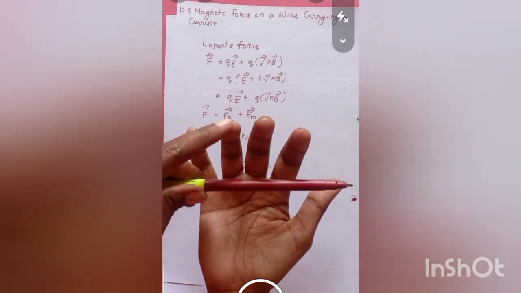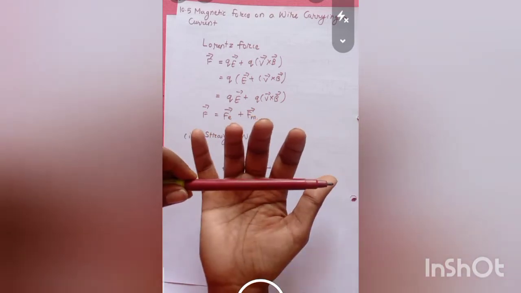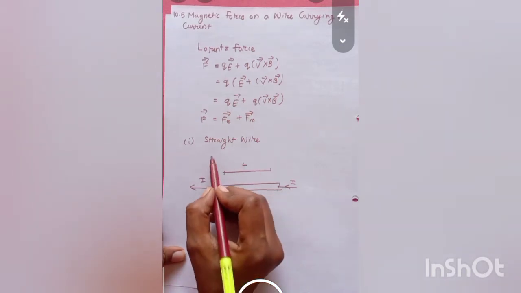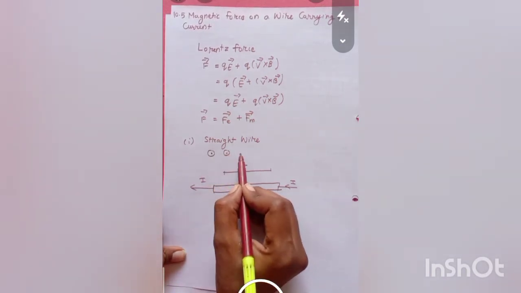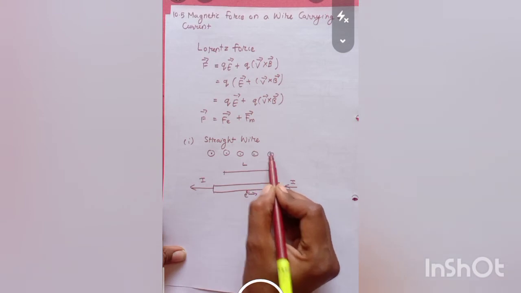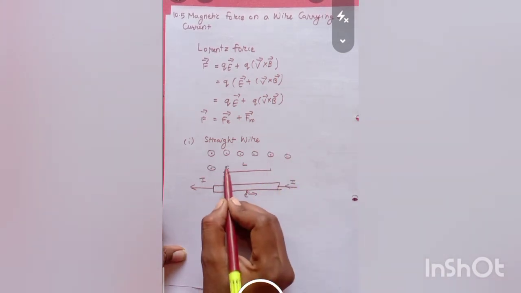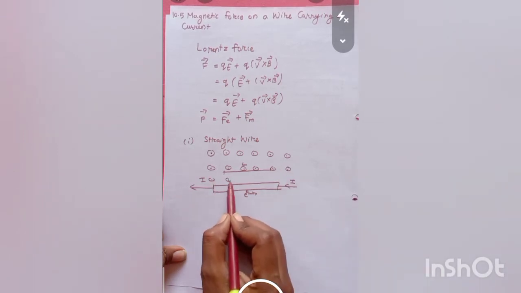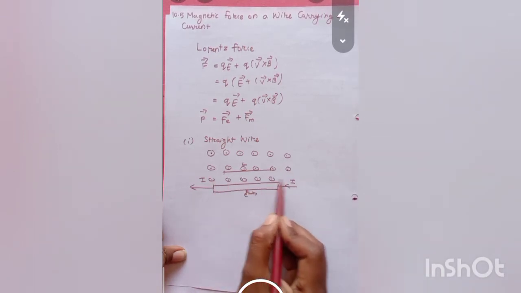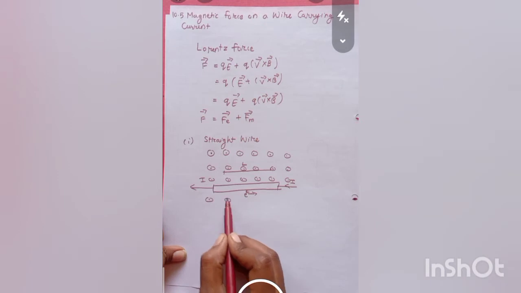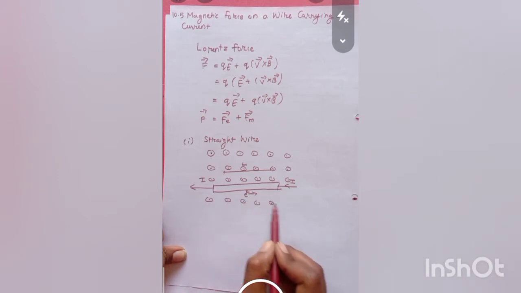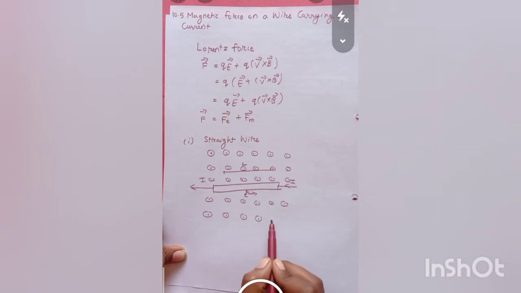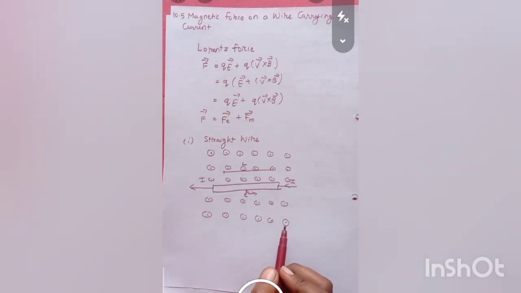When we want to show that the magnetic field is coming out, we show it like this. So this tells you the external magnetic field is coming out of the paper.